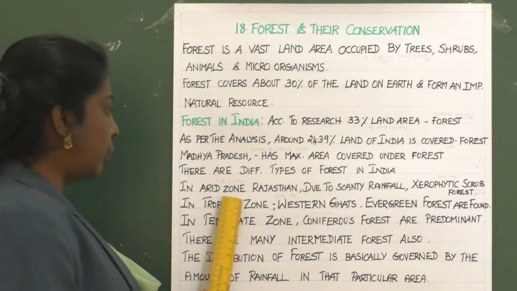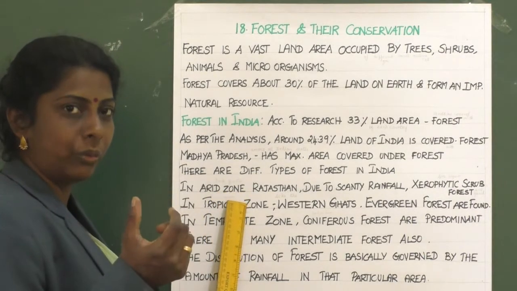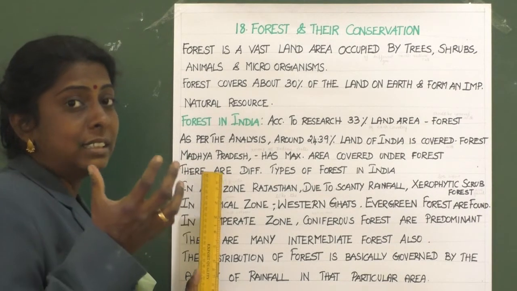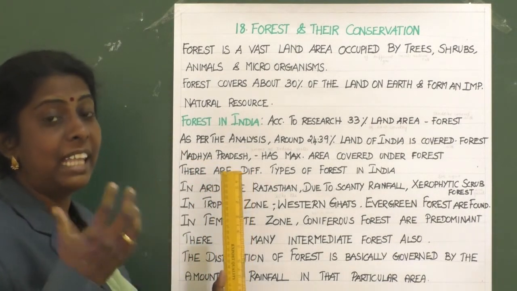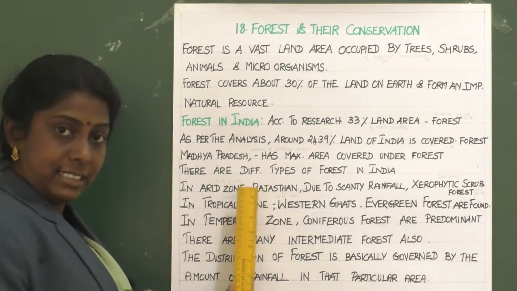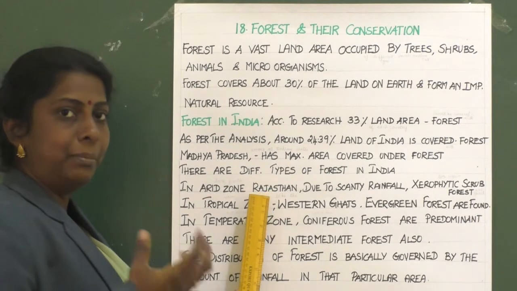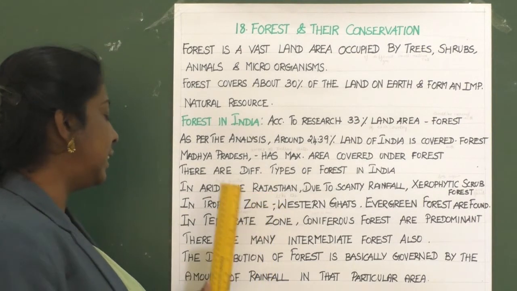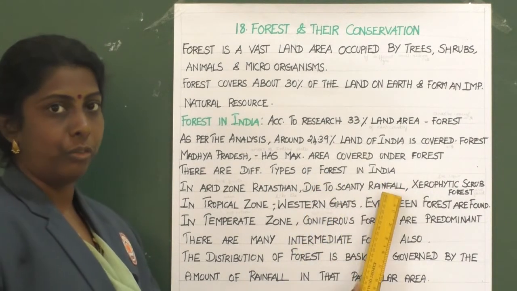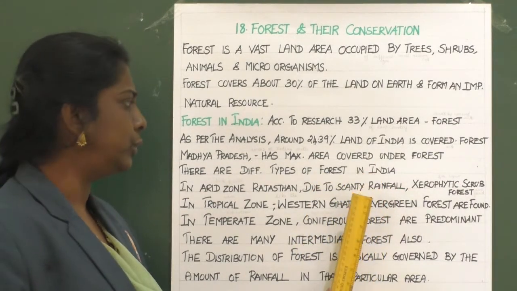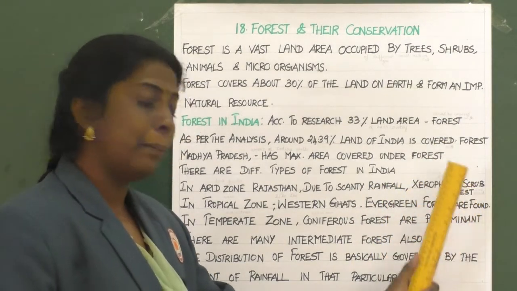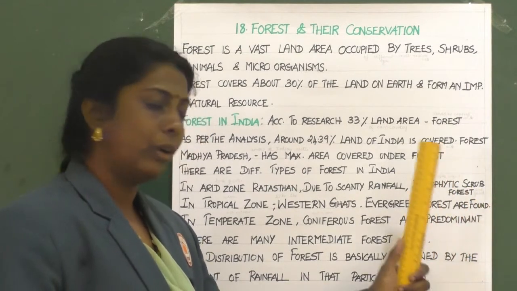In arid zone, what do you mean by the word arid zone? Arid zone means a place which does not have a sufficient amount of water, lack of water. Clear? In arid zones like Rajasthan, it's a desert place, isn't it? Yes. Due to scanty rainfall, xerophytic scrub forests are found.